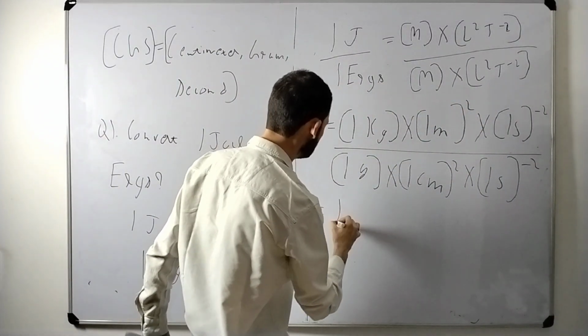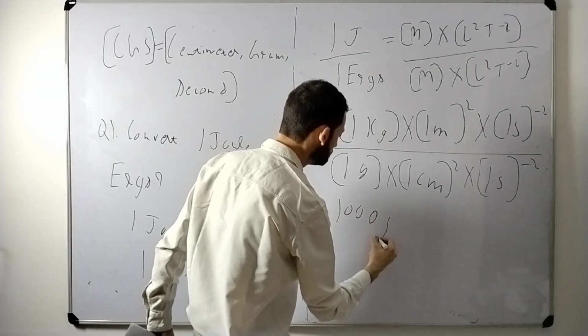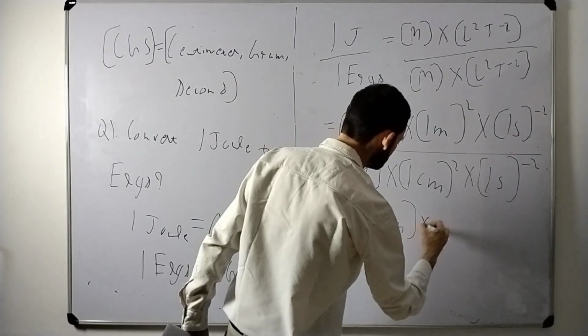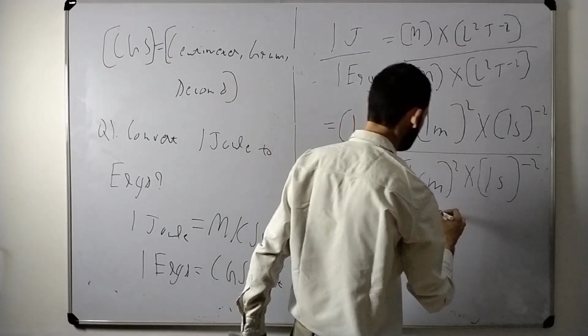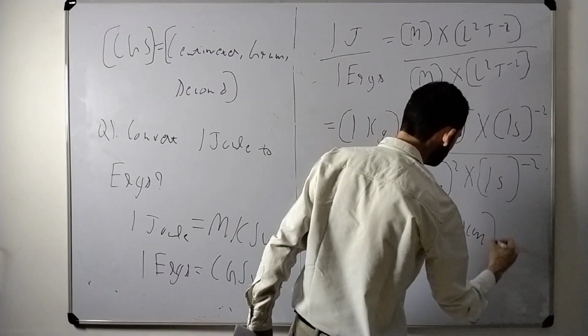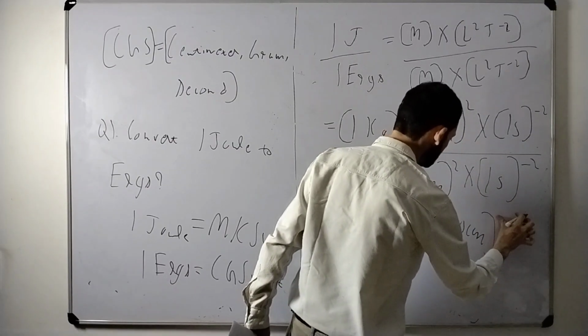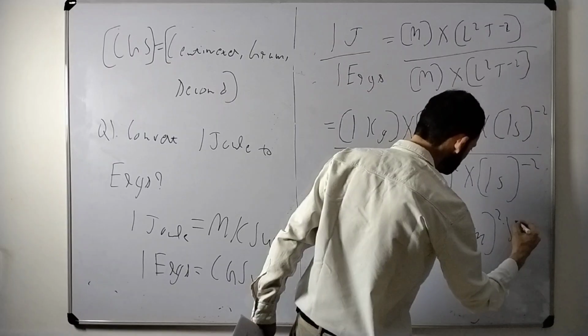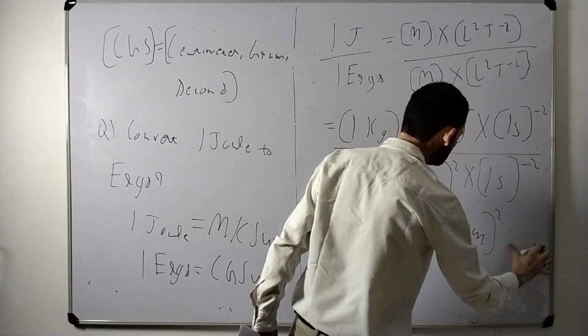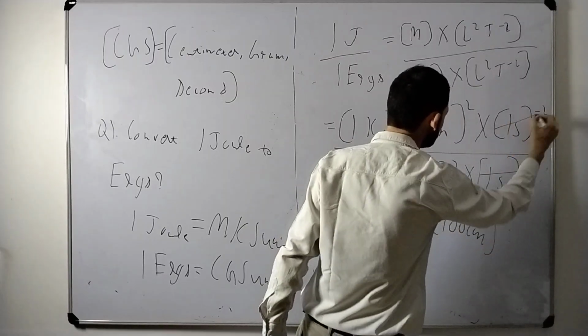Now 1000 gram makes 1 kg and 1 meter makes 100 centimeter. Now I will square it. This I would not write. This is being divided completely.